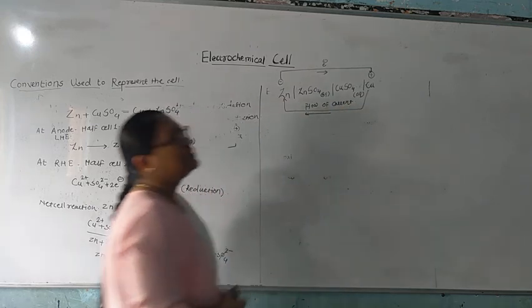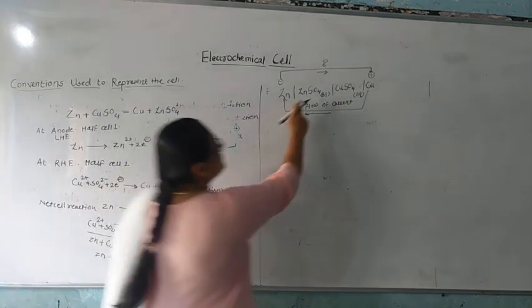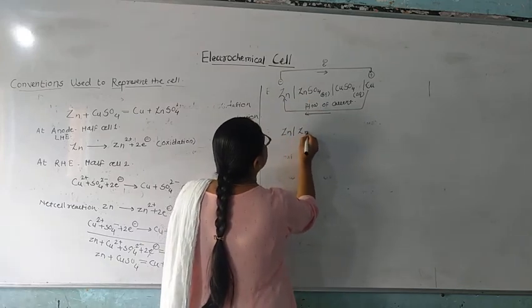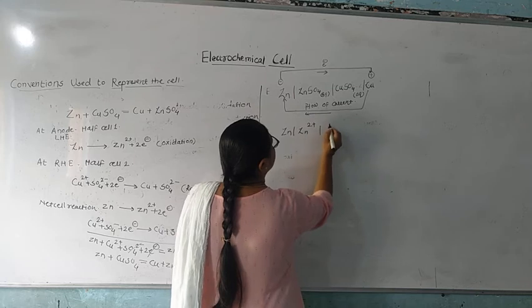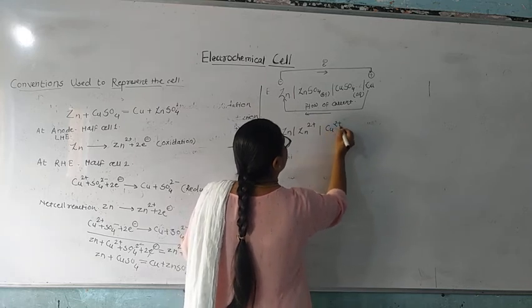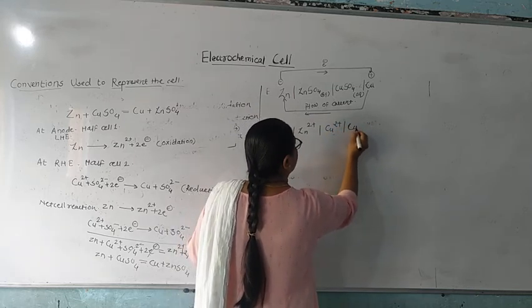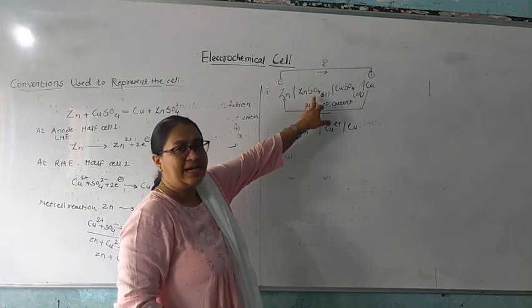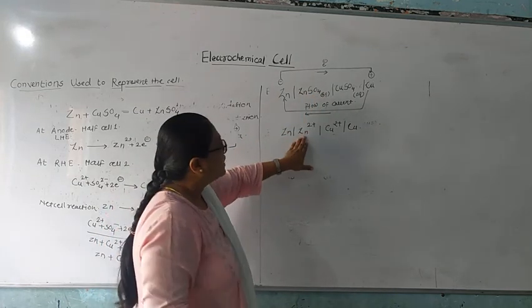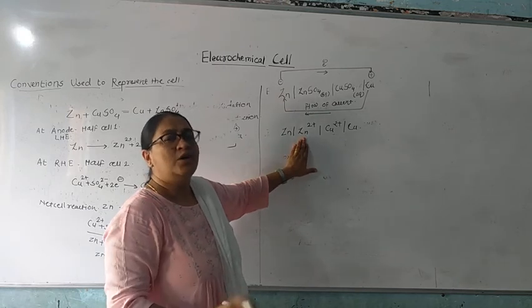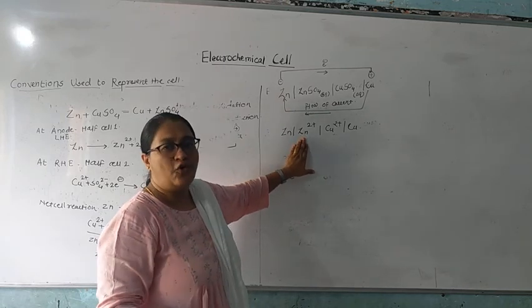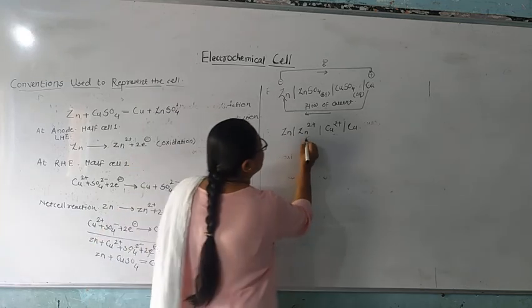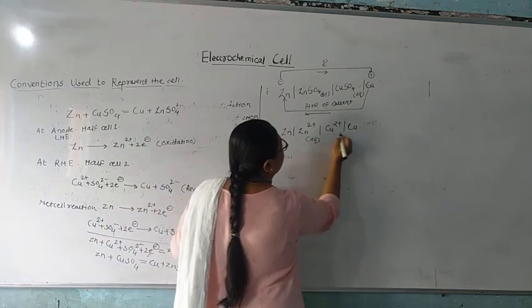So this is how the cell is represented. Instead of writing their sulfates, you can write it this way also. You can represent it as such also. You need not write the solution. You can write them in the 2 plus form or in an ionic form also. This actually means they are in an aqueous form. So this is how the cell is represented.